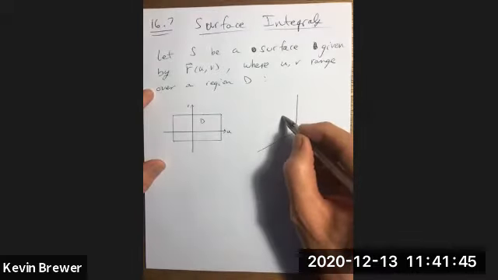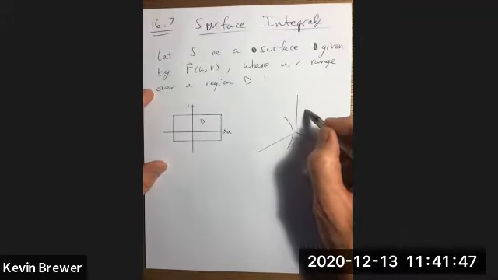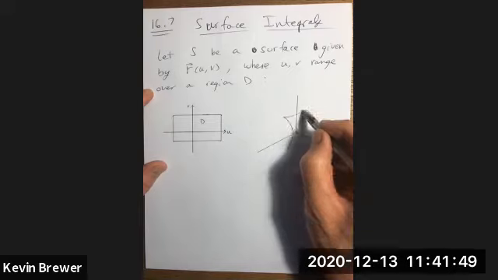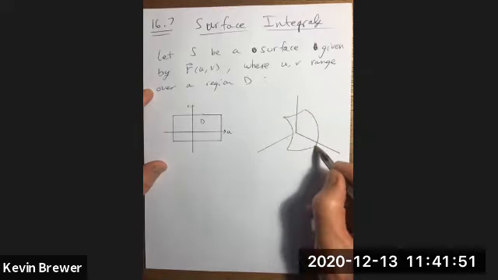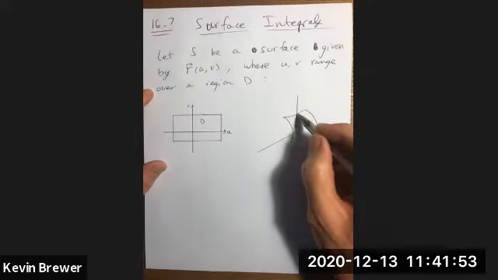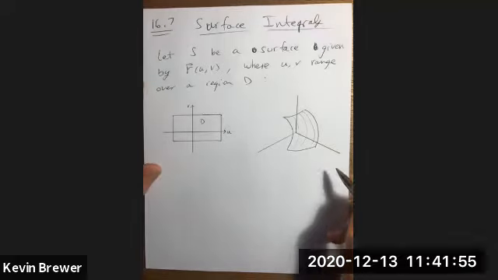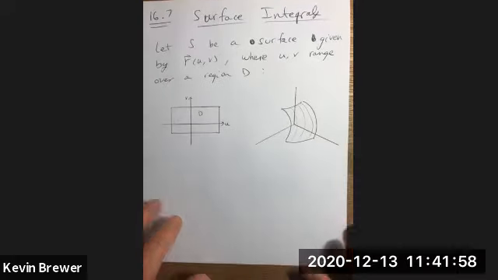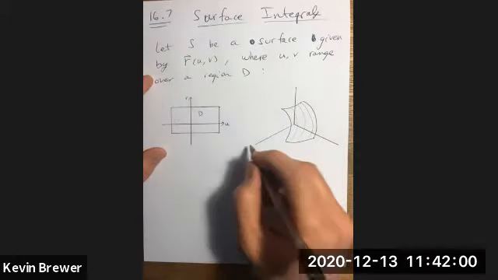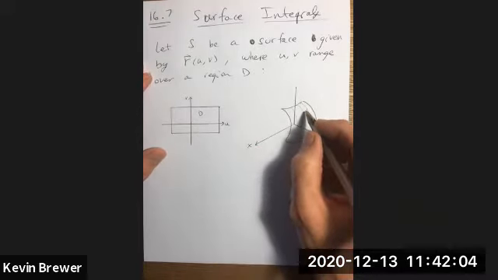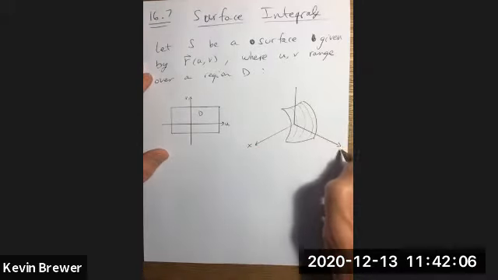And I will draw a surface that perhaps fails the vertical line test, so it won't necessarily be giving z as a function of x and y.